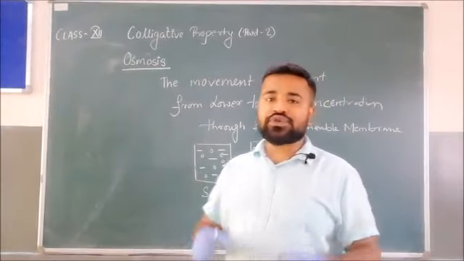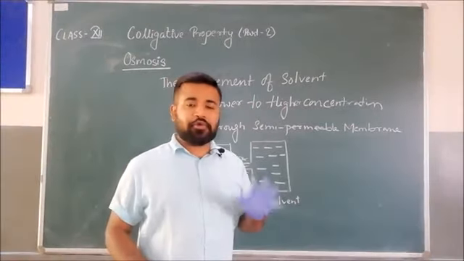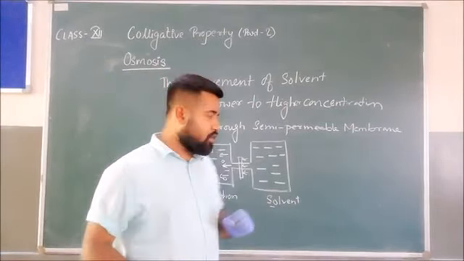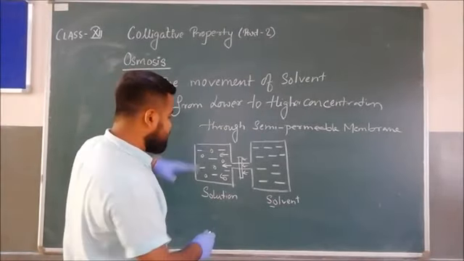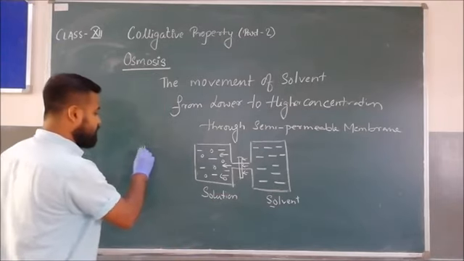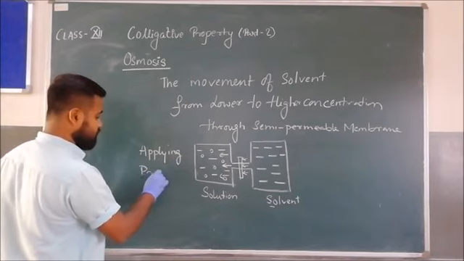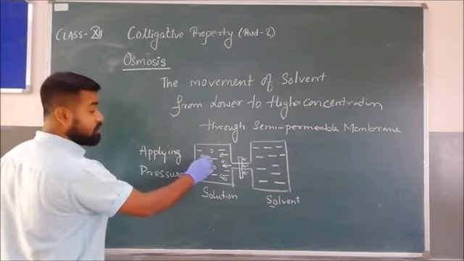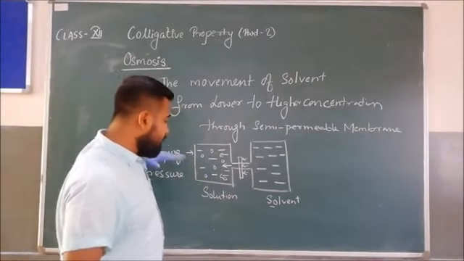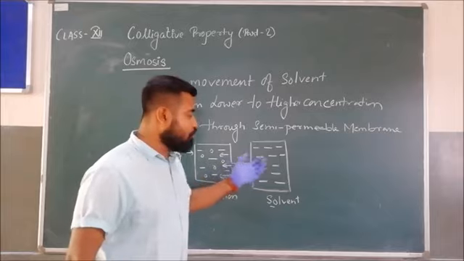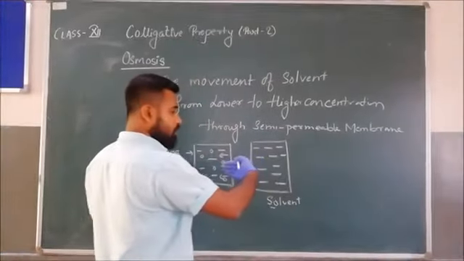Now, how can we stop the process of osmosis? Osmosis can be stopped by applying pressure on the solution side. We apply a reverse force against the movement of the solvent, from the opposite direction.